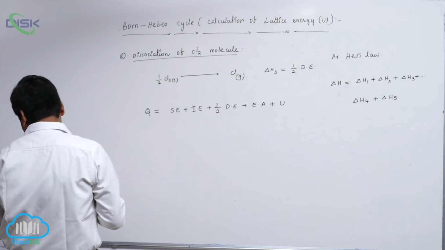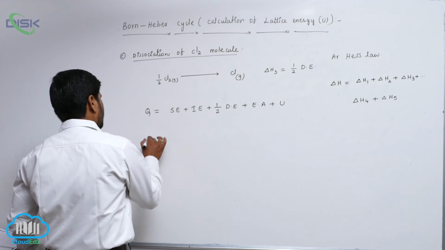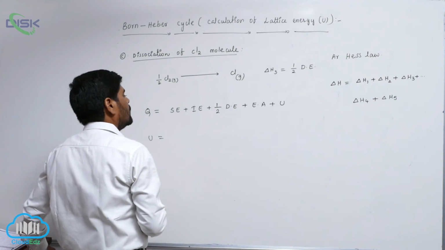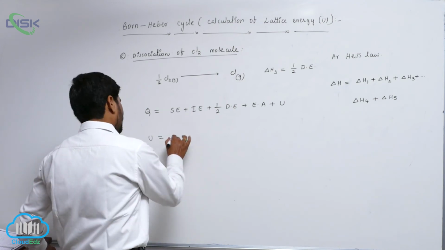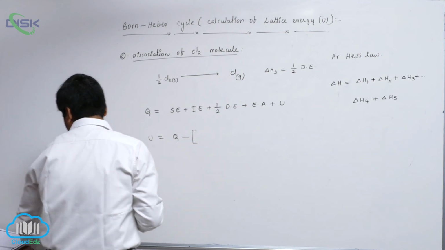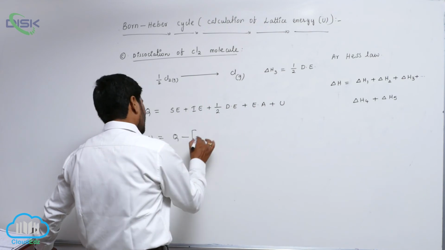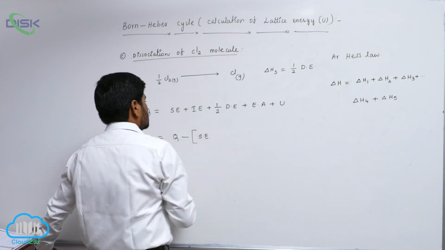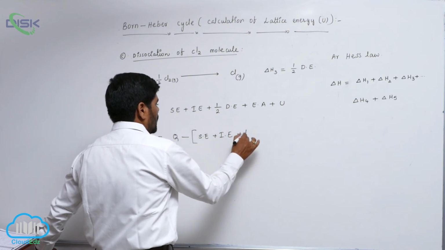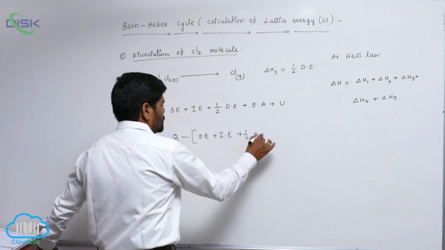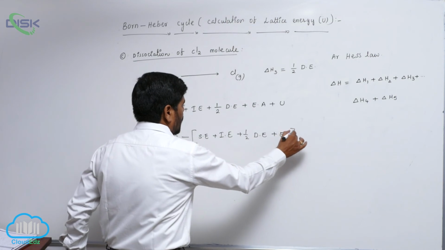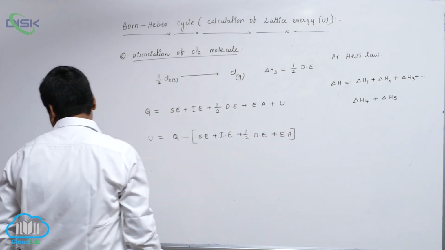So therefore U, lattice energy, equals Q minus sublimation energy, ionization energy, 1/2 dissociation energy plus electron affinity.